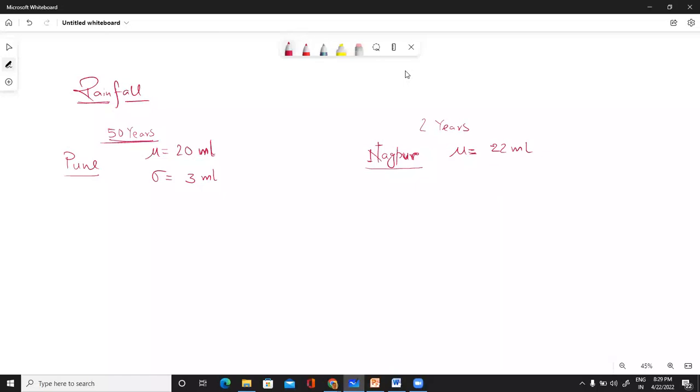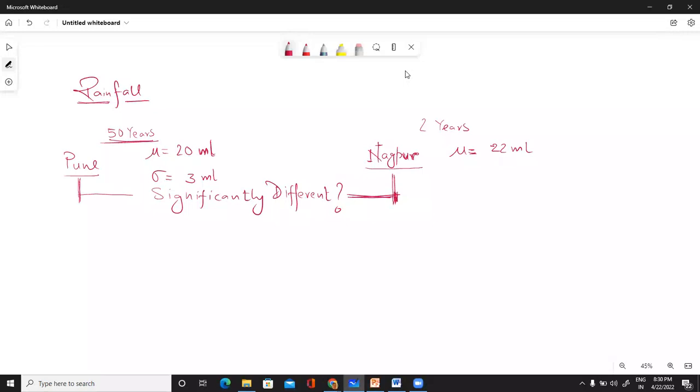In this case, in the language of statistics, what we are trying to find out is whether this difference in rainfall between Pune and Nagpur is significantly different or not. This concept is called hypothesis testing.